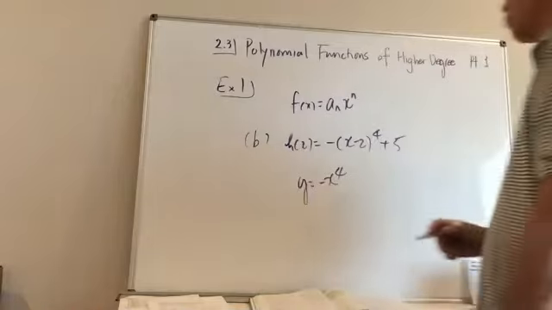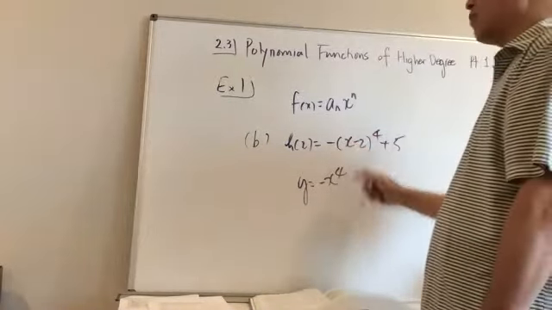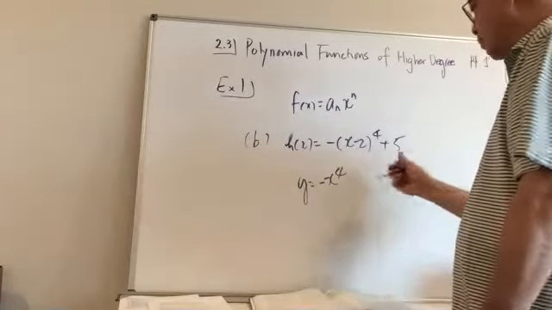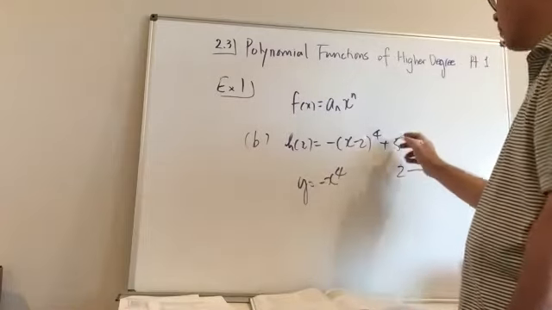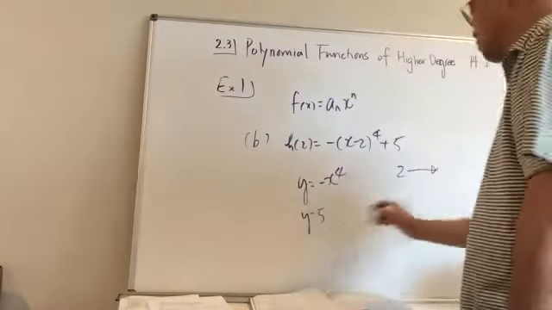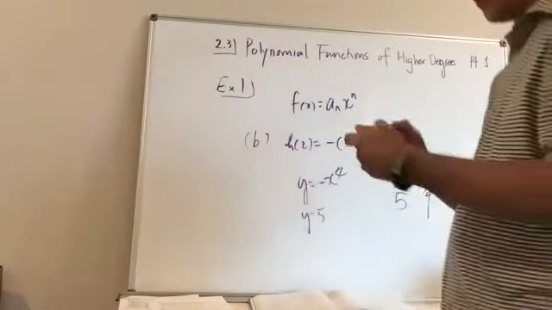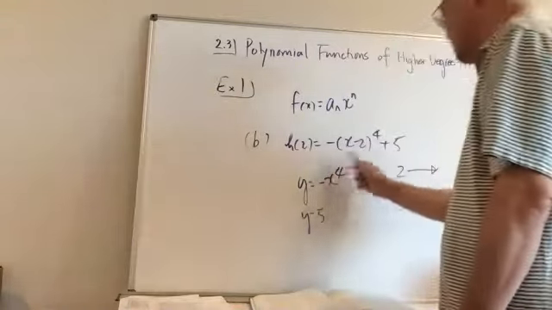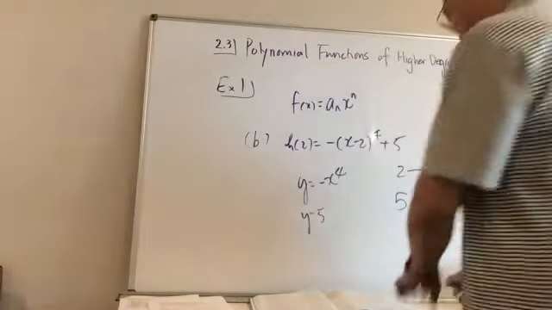Then, since instead of x I put x minus 2, I'm moving it 2 to the right. Then the 5 means I'm going to move it 5 up. So I start with this guy, move it 2 to the right and 5 up, okay?